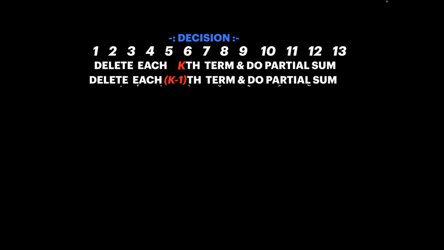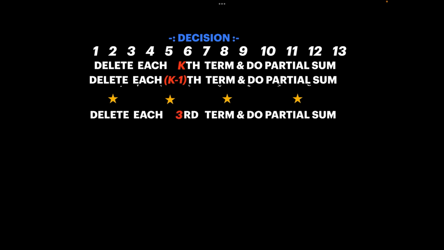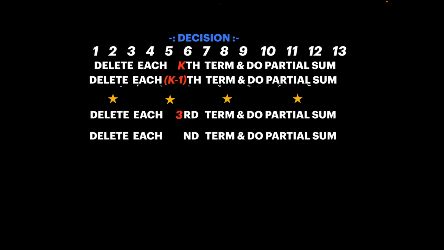So in this way, if you continue this process, you will reach a sequence where you have to delete each third term, and then after computing the partial sum you have to delete each second term and then do the partial sum, and then you will get the sequence 1 to the power k, 2 to the power k, 3 to the power k, 4 to the power k.